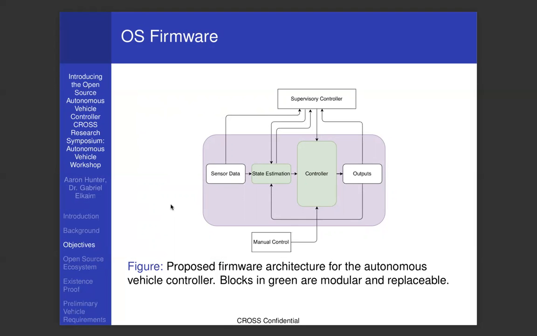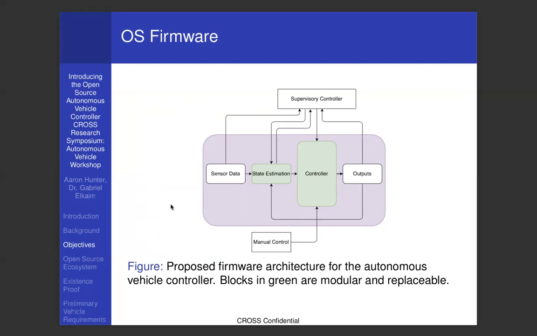But fundamentally, the architecture is intentionally quite straightforward. It will take in real-time sensor data from the world. From that sensor data, it will provide an estimate of the state of the vehicle relative to the world. That is to say, its velocity, its position, its attitude, its pose, what have you.